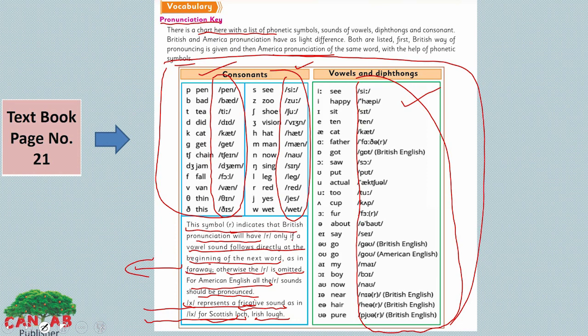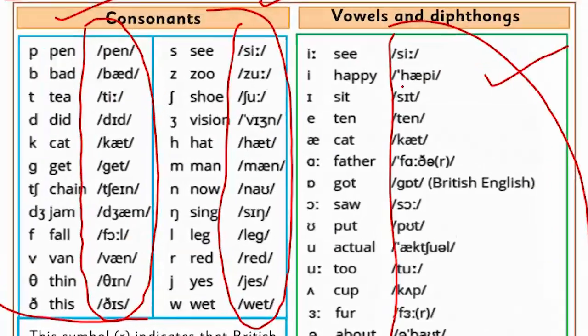Now look at this one: vowels and diphthongs. Here you can see the phonetic symbols of the words. Happy, with the symbol for the final vowel sound. Sit, tan, cat, father. The R is silent here. Got: in British English we pronounce it like this.